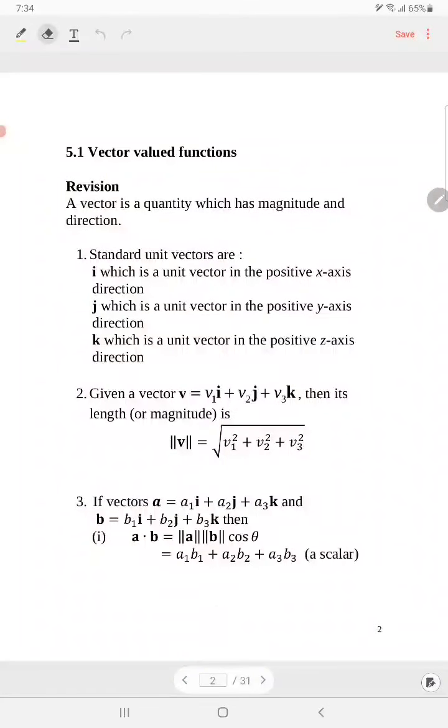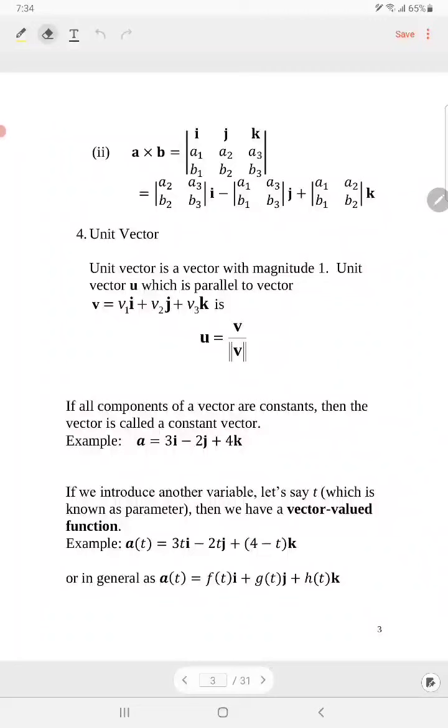Okay, item 4. If you're given a vector v and you want a unit vector that is in the same direction as v, but you want the magnitude to be 1, what you do is you take v divided by its magnitude. That will give you a unit vector which is in the same direction as v.